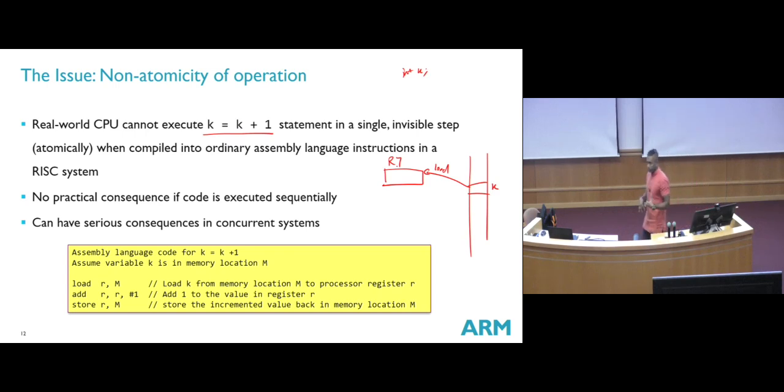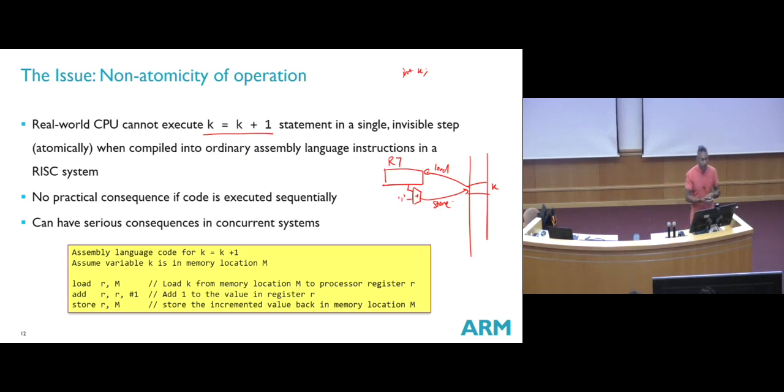Once I load to my internal register, I can perform the computation through the ALU, where I perform the add operation with 1. Then I get the result, and then I need to do a store. So technically, when I execute this statement, I need to perform 3 steps: a load, an increment, and a store.